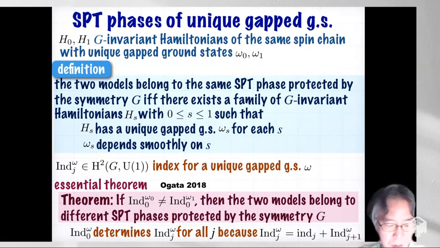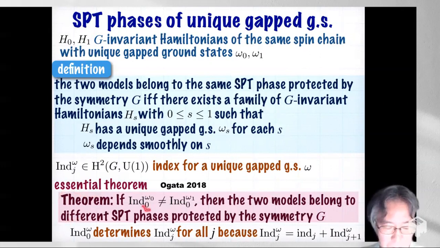And we now know that if the index, say at the origin, of the two ground states are different, then the two models belong to different SPT phases protected by the symmetry G. Or in other words, you can never smoothly connect H0 and H1 through G invariant models with a unique gapped ground state. Okay, so this is a fundamental theorem.